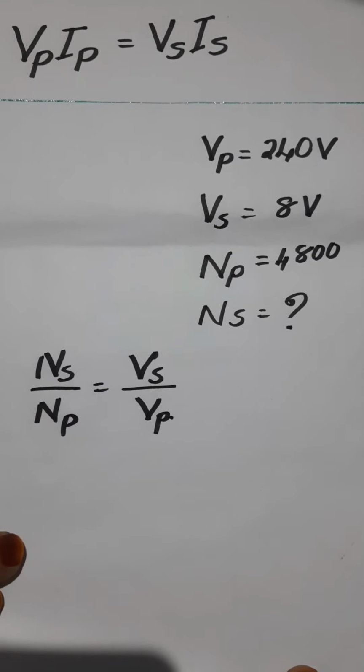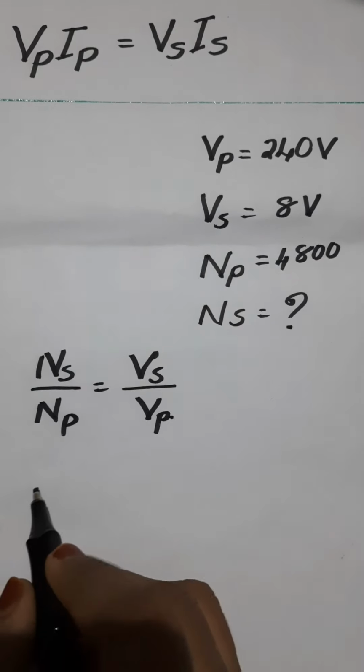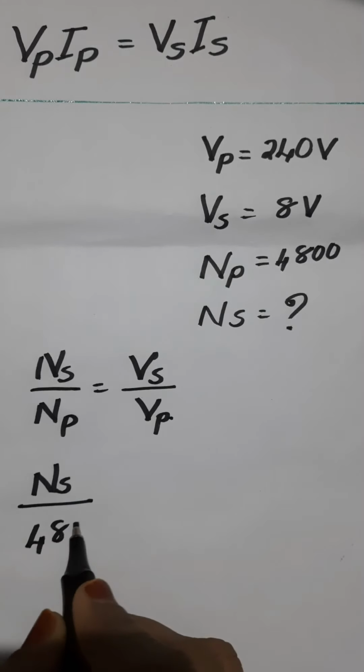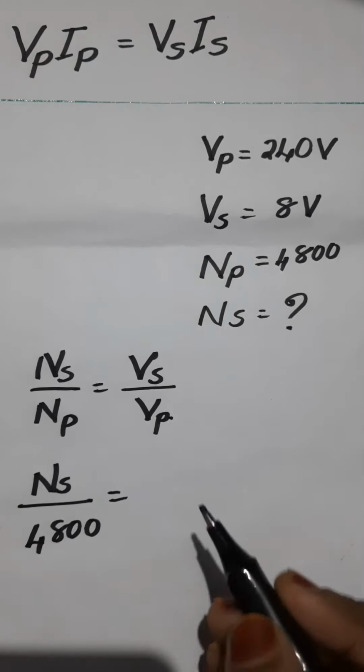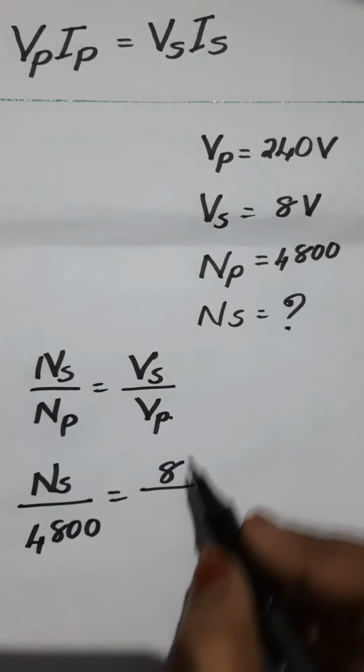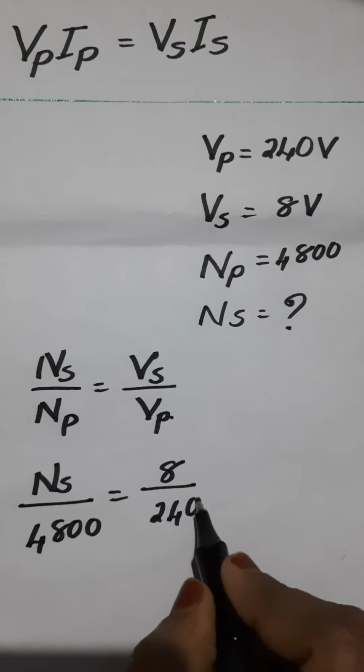Apply the values. Ns by Np 4800 equals Vs 8 by Vp 240 volt.